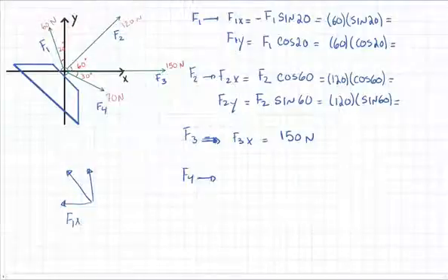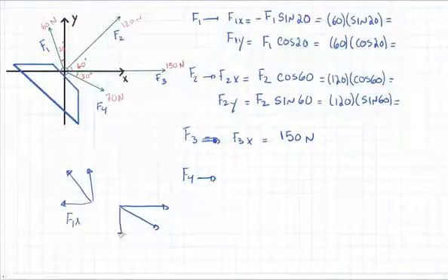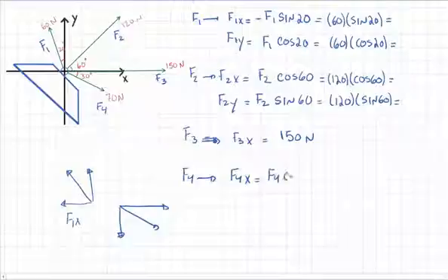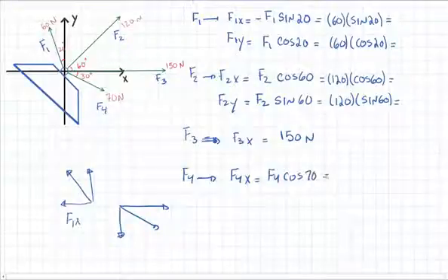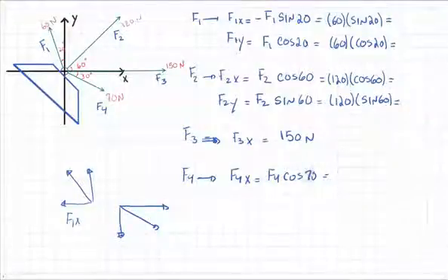Now moving on to F4. F4 is also tricky because I know that F4x is positive, but F4y is negative. So I have to pay attention. F4x is going to be equal to F4 cosine 30 degrees.